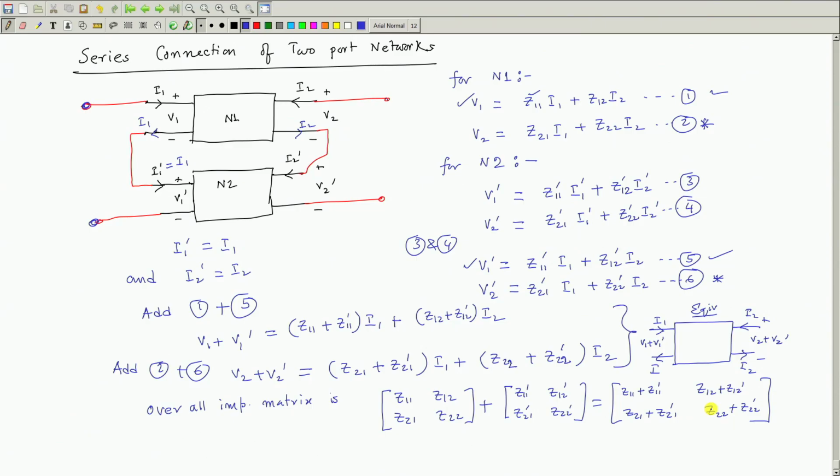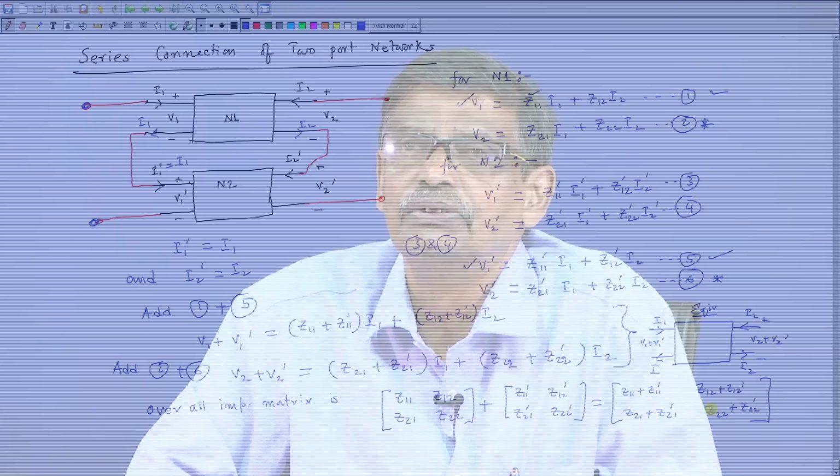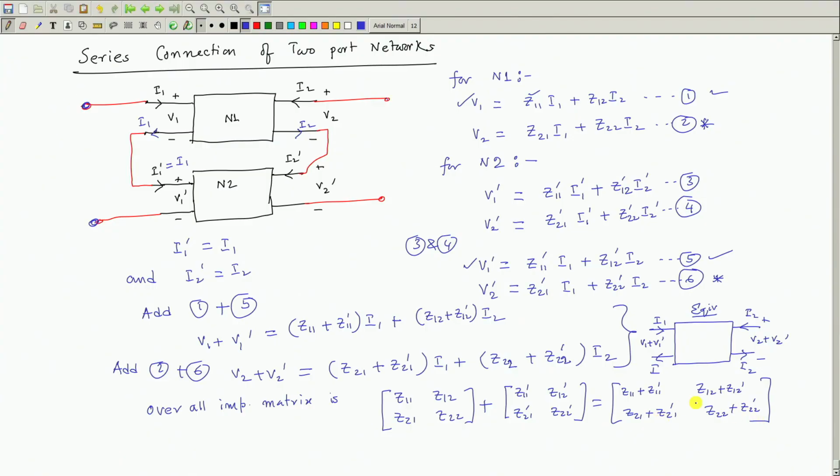Perhaps for series connected two port networks, it will be easier if you represent it in the form of Z matrix. What it will turn out to be in admittance or H parameters we can find out, but it will be complicated. After all, once you have found this one, you always know how to translate the parameter values in terms of ABCD or Y or H parameters, because each of these representations is related to the others, provided the determinant is not equal to 0.